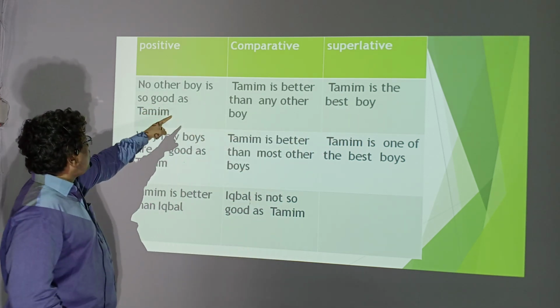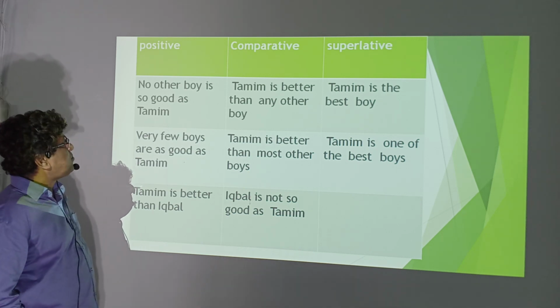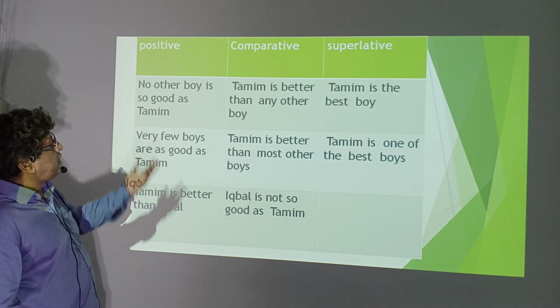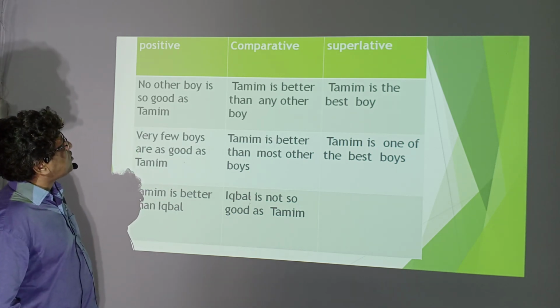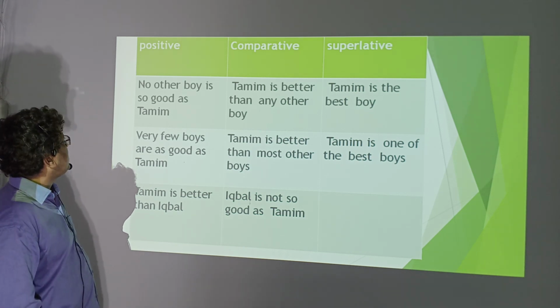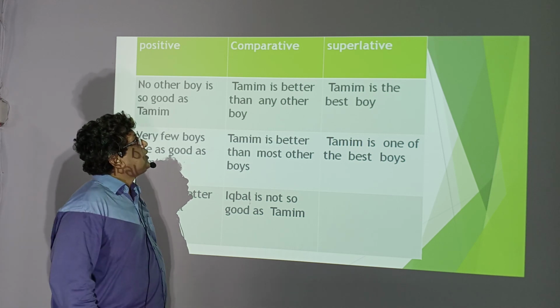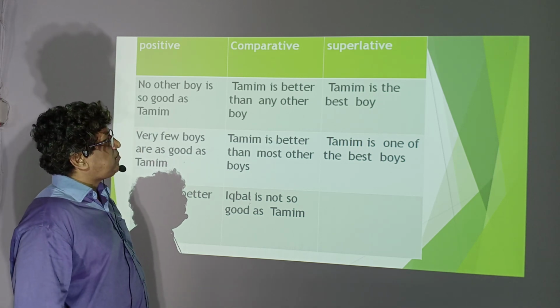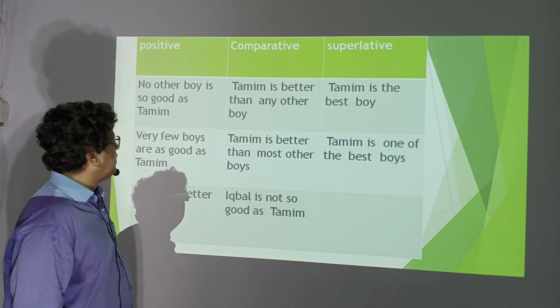So, "No other boy is so good as Tamim." When we transform it into comparative degree, we say, "Tamim is better than any other boy." Then superlative degree: "Tamim is the best boy."